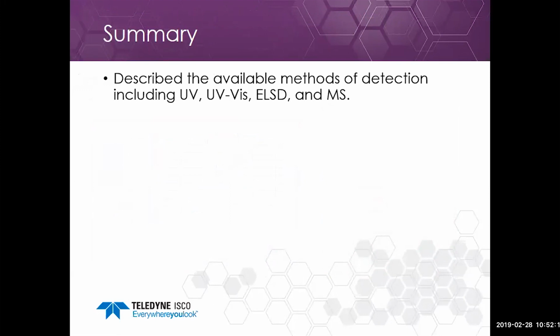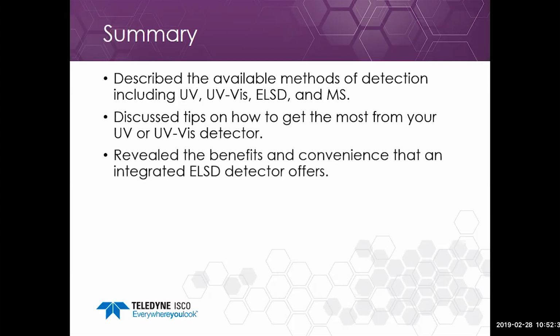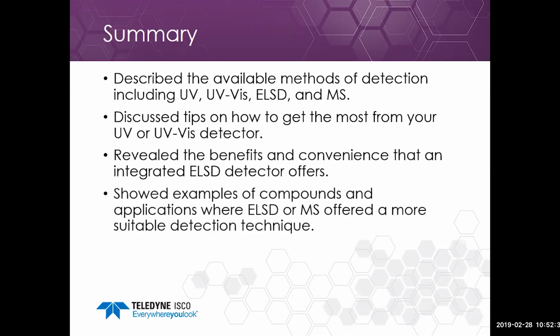So, summary for today, summarizing what we discussed. We described the available methods of detection for all the systems, including UV, UV-Vis, ELSD, and mass spec, and your external detector options that we've seen used. We discussed tips on how to get the most from your UV-Vis detector, and revealed the benefits and convenience that an integrated ELSD detector offers.